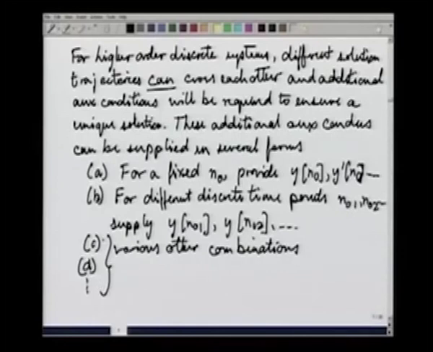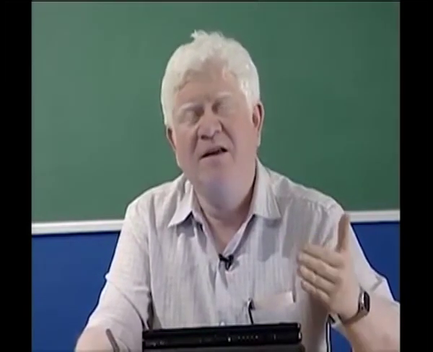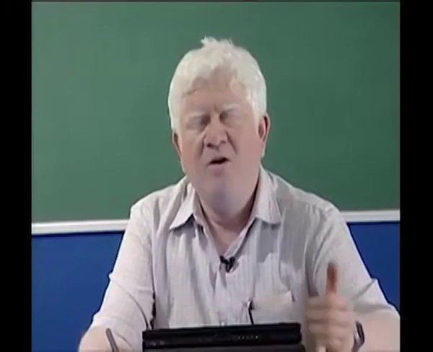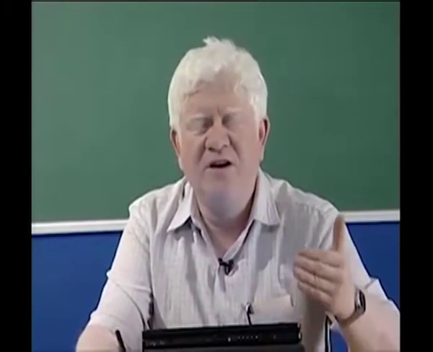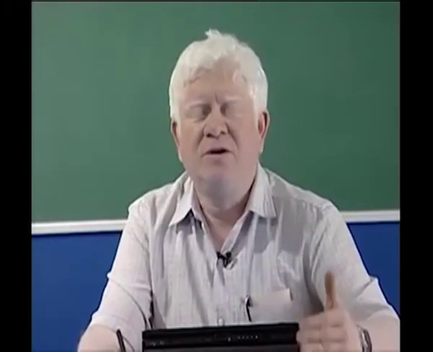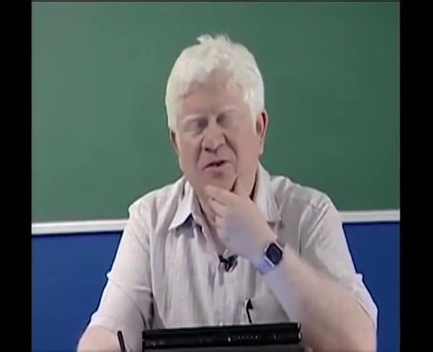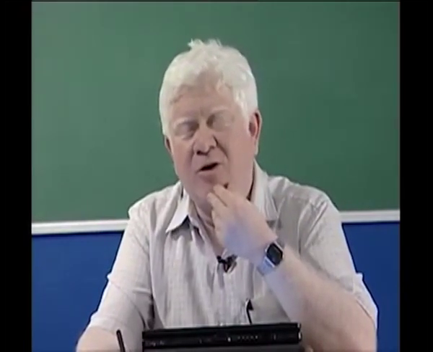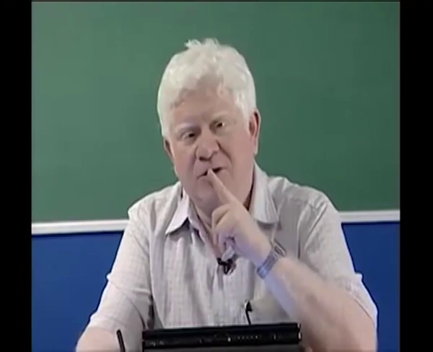So, we have multiple ways of specifying the auxiliary conditions, again very similar in form to what we had in the case of the differential equation. And once you set down all the auxiliary conditions one by one, you tie down the solutions, so that you narrow down and finally land up with a unique solution.